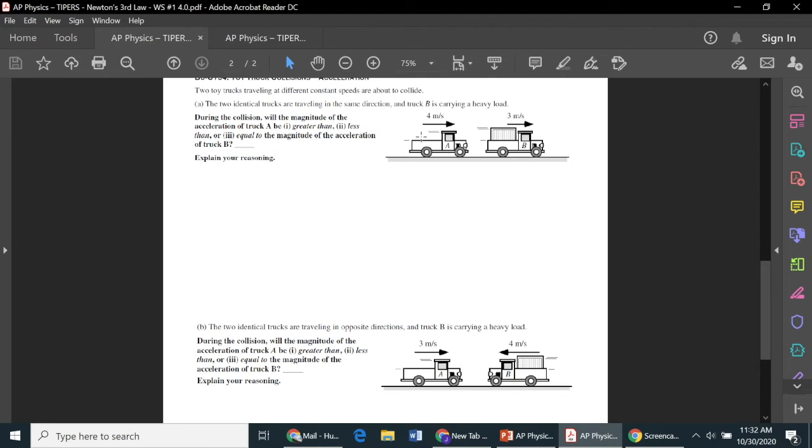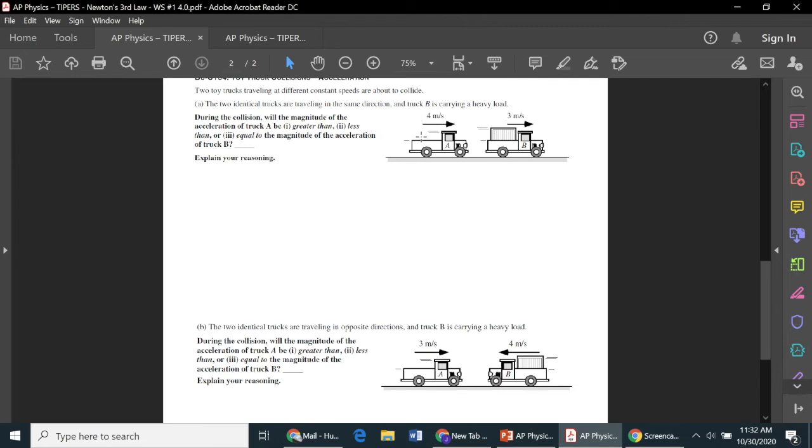Well, obviously the difference here is the initial velocities of the objects. And so based on whatever the acceleration is going to be, the objects will have different final velocities. Because if you had the same acceleration in two cases and your initial velocity was different in those cases, obviously the final velocity would be different. It's also important to note here, what is going to be different is the size of the force.